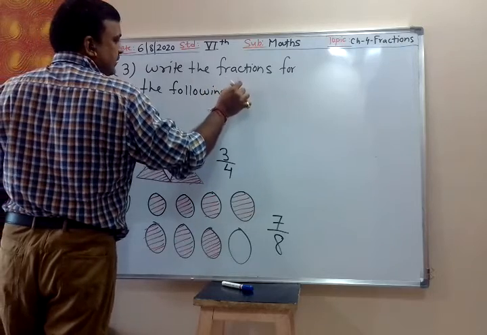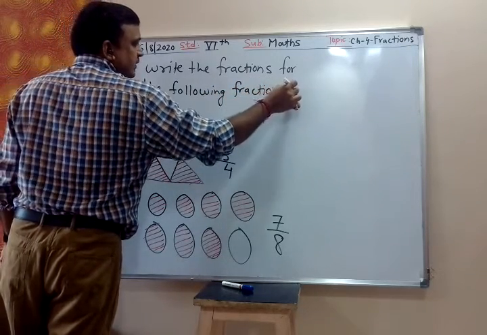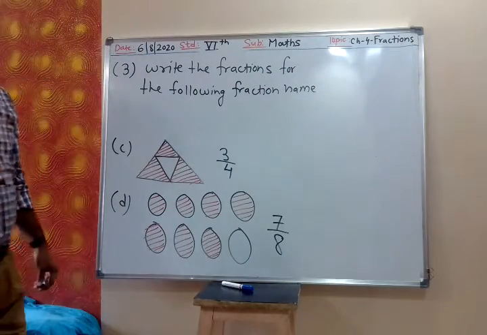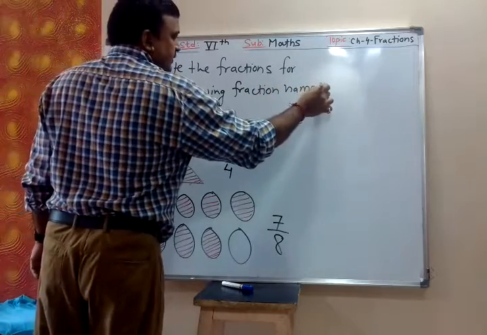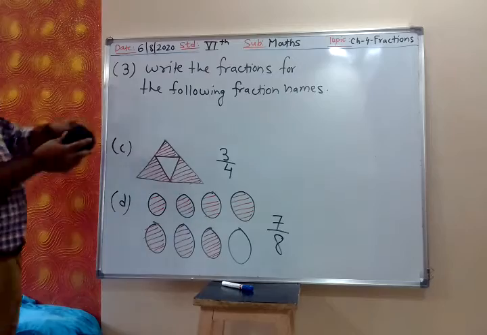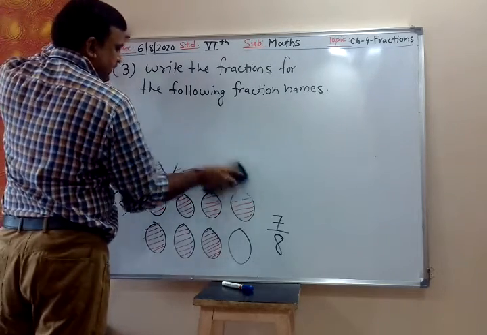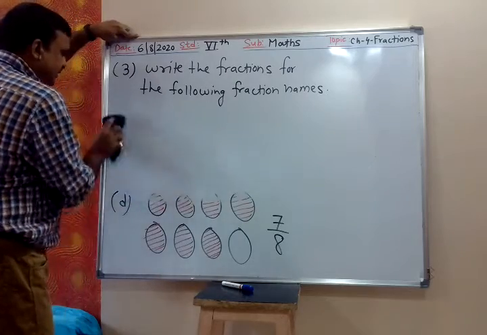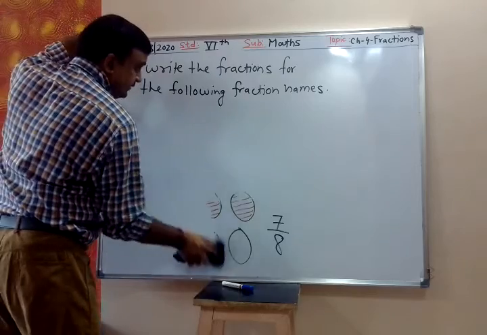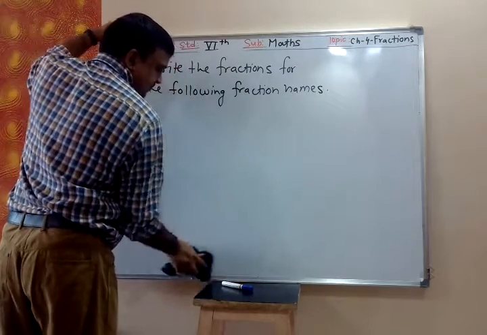You are given fraction names. For the given fraction names, you have to write down the fraction. You are given name of the fraction. From that name of the fraction, you have to write down the fraction.